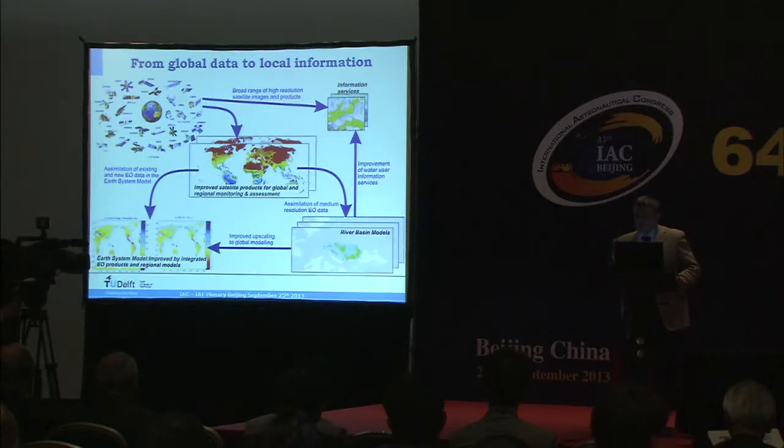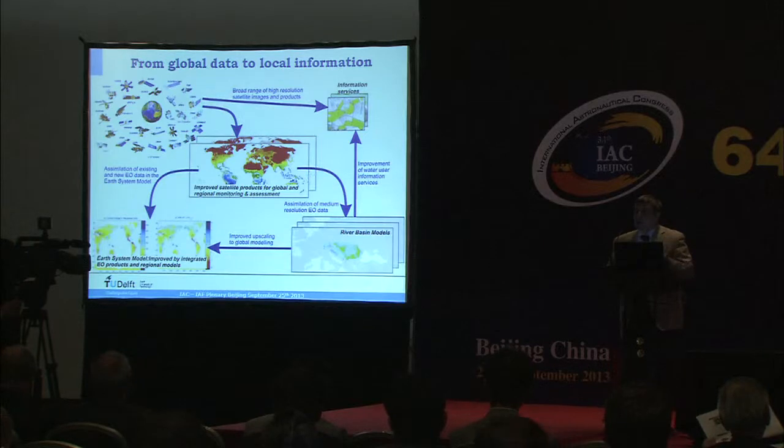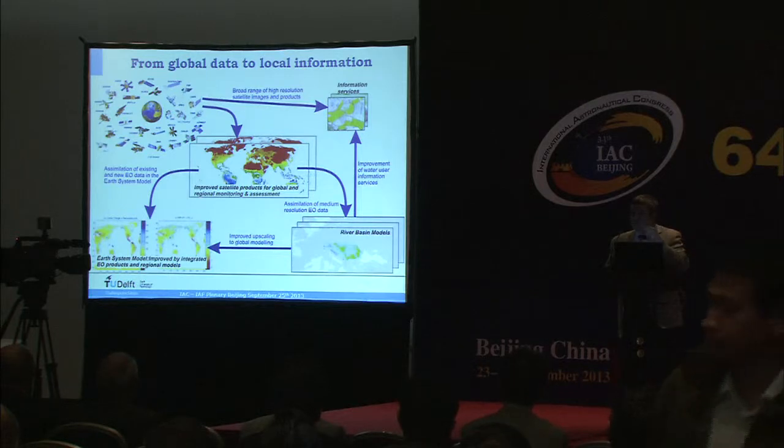On the other hand, you see the central chart, which describes, or is supposed to describe, how global data from satellites are used for global analysis of water resources and hydrology. And now my argument is that we need something in between the global analysis of the terrestrial water cycle and the advisories on water use, and that's the box about river basin models.